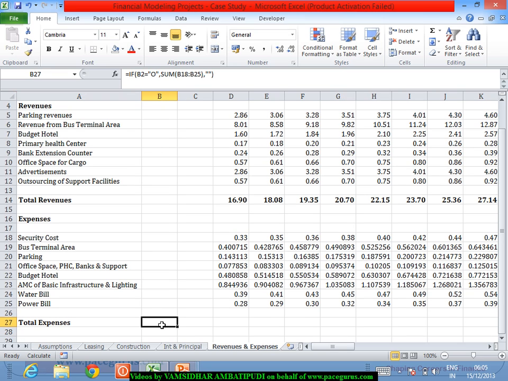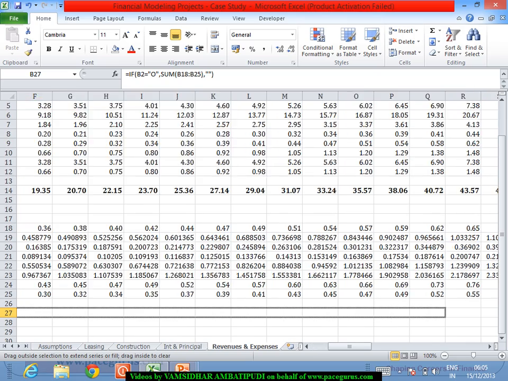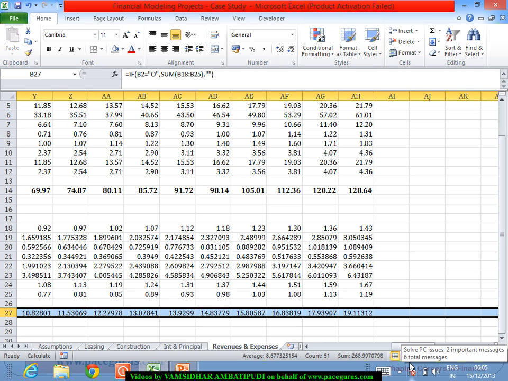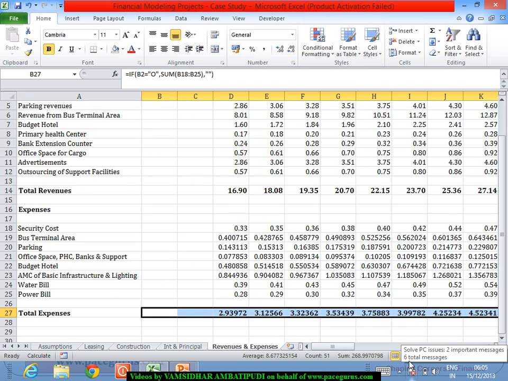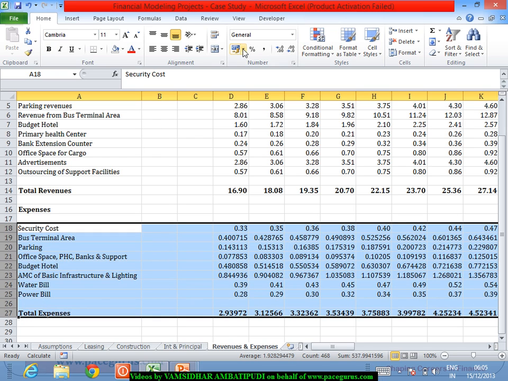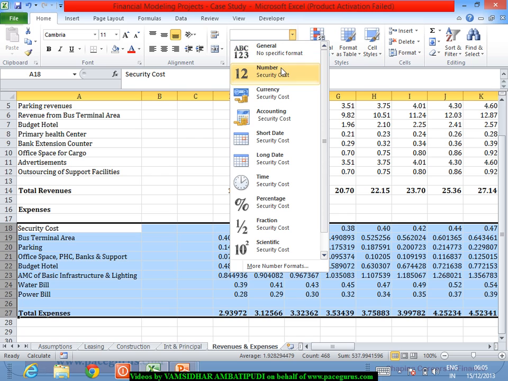So this is how my operations expenses also will come out for each of the periods during the maintenance period. I can take a bolding of this. So these are my expenses during the maintenance or operations phase, and formatting wise I can very well look at.